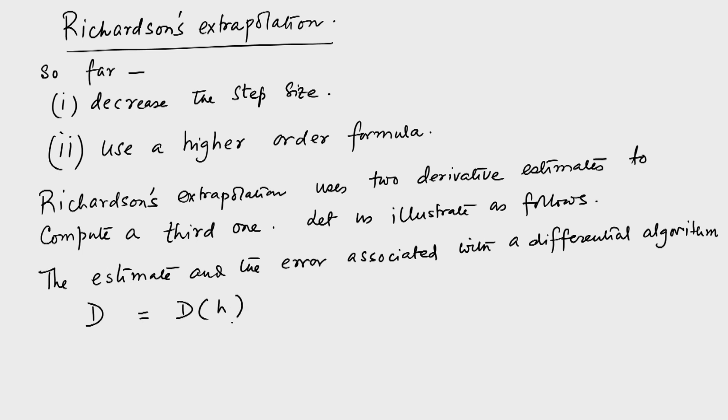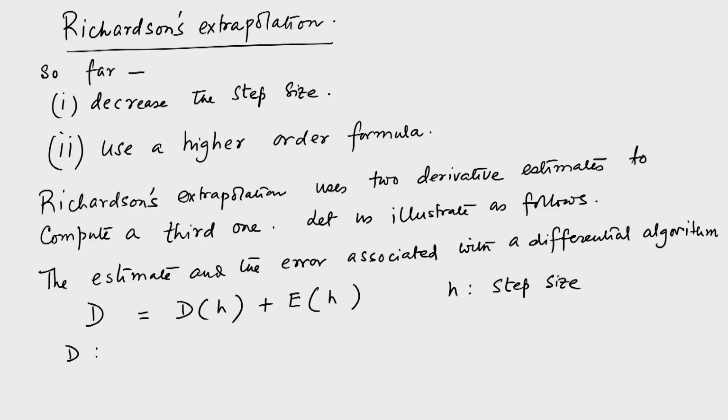It is d as a function of h, which depends on the choice of h, and hence the truncation error will also depend upon the choice of h, and h, needless to say, is the step size which appears in the denominator of the derivative.